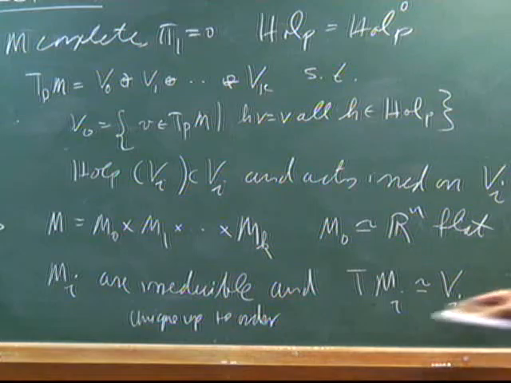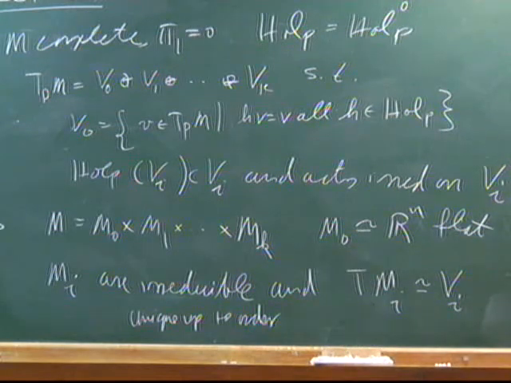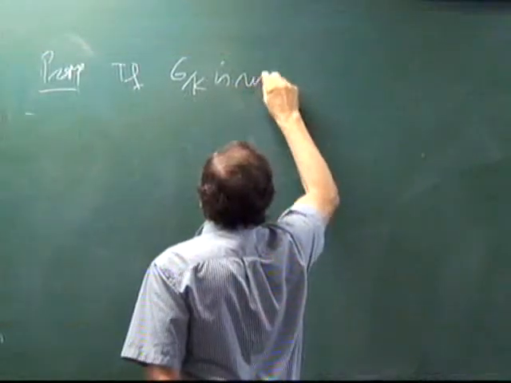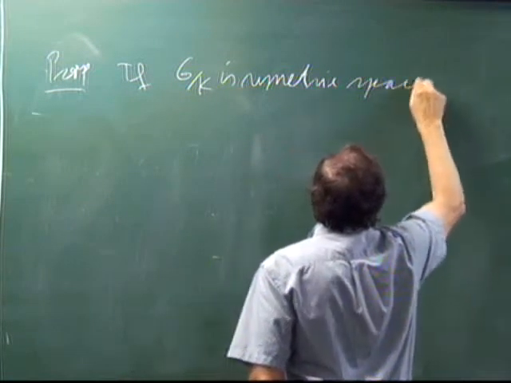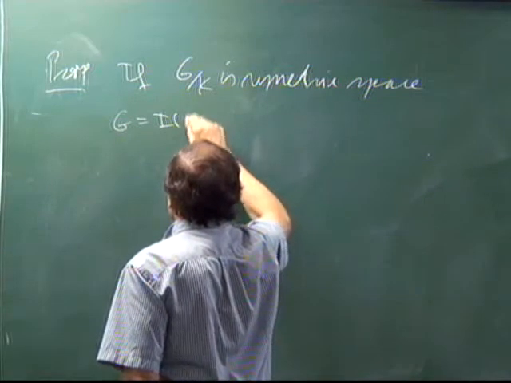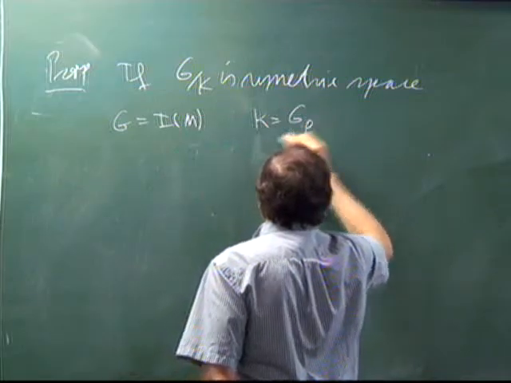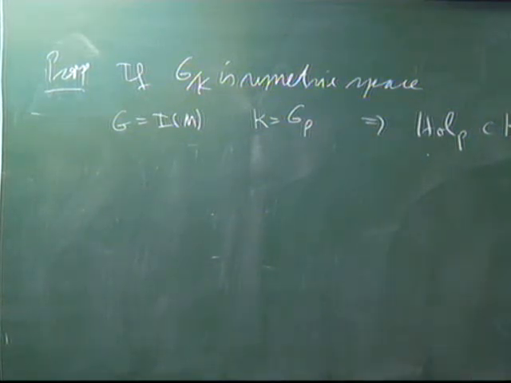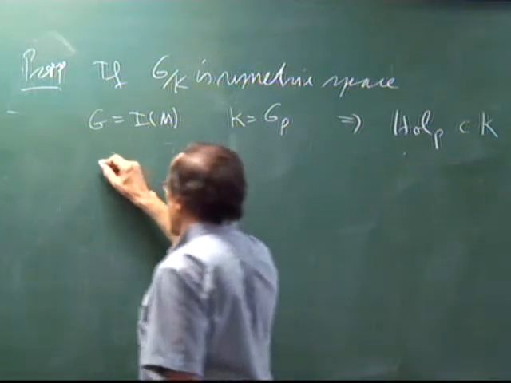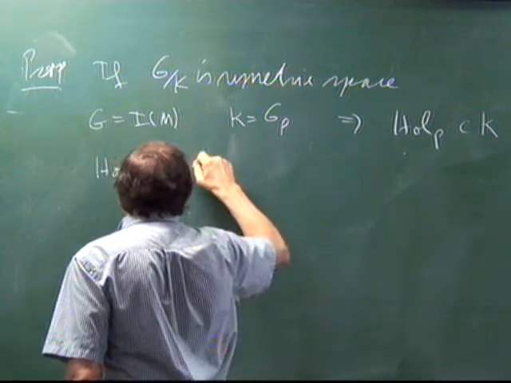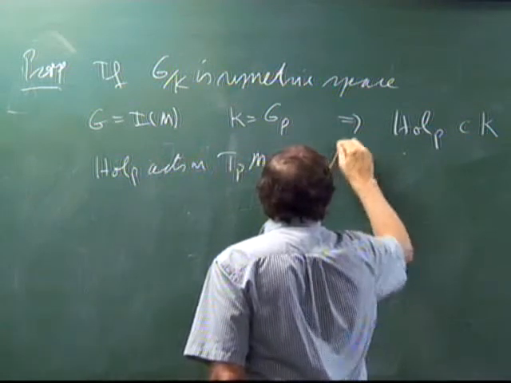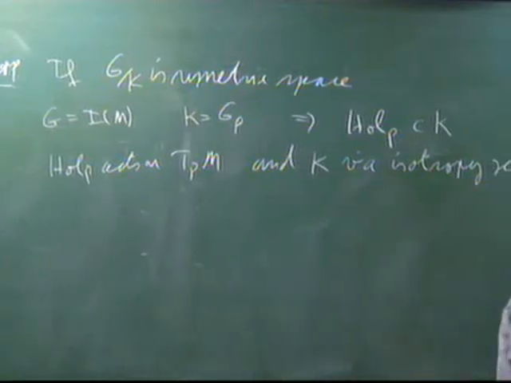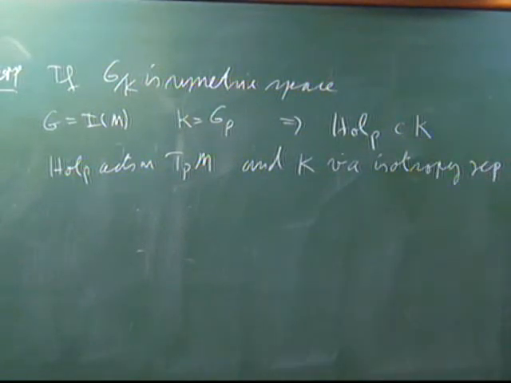Now let's apply that to symmetric spaces. So one thing we proved last time was that if G/K is a symmetric space, G is the isometry group, the full isometry group, and K is the isotropy group at some point p, then this implies that Hol_p is contained in K, where we observe that certainly K acts on T_pM via what we call the isotropy representation, which just takes an element k into the derivative at the point p.